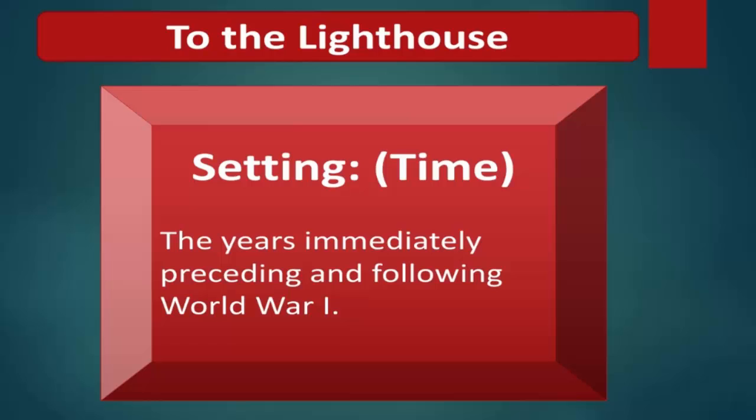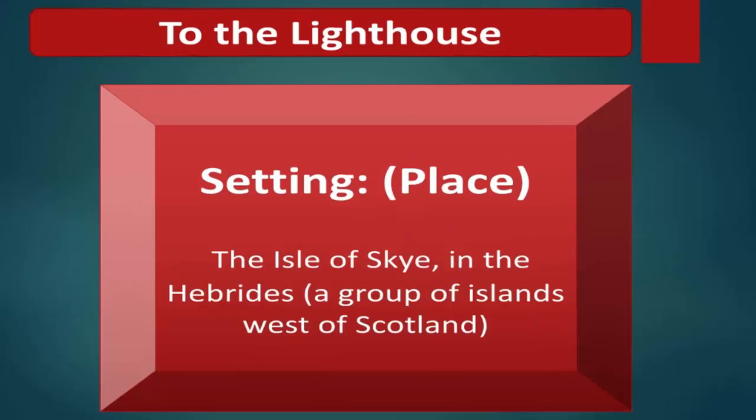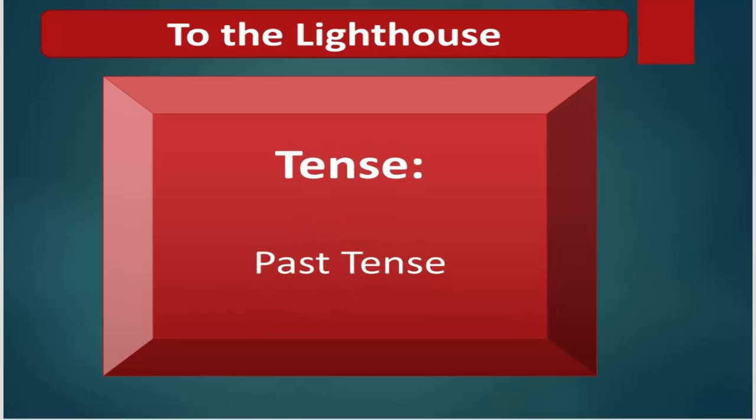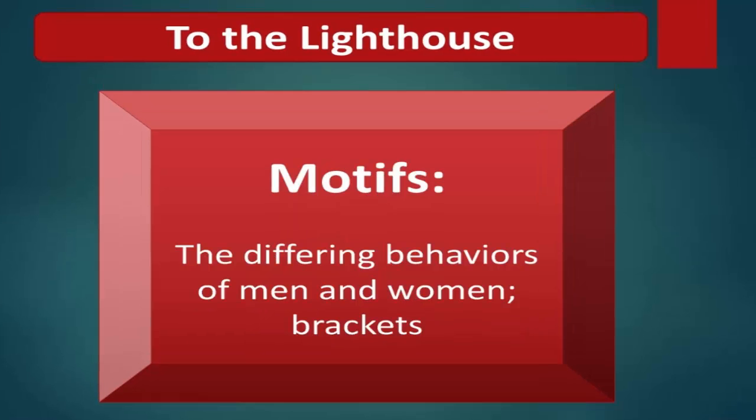Setting by time, the year immediately preceding and following World War I. Setting by place, the Isle of Skye in the Hebrides, a group of islands off the west of Scotland. Tone, elegiac, poetic, rhythmic, imaginative. Tense, the past tense. Motifs, the differing behaviors of men and women, and brackets.